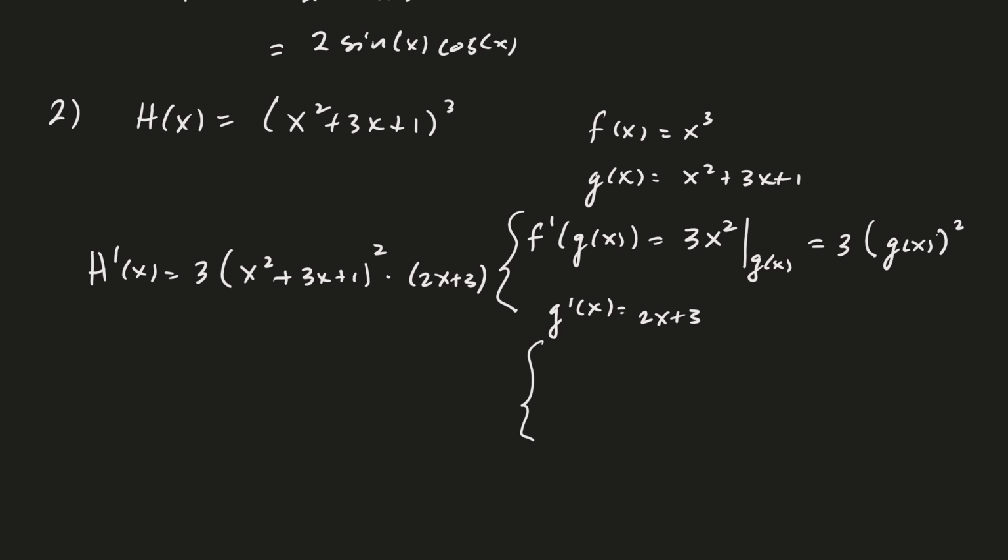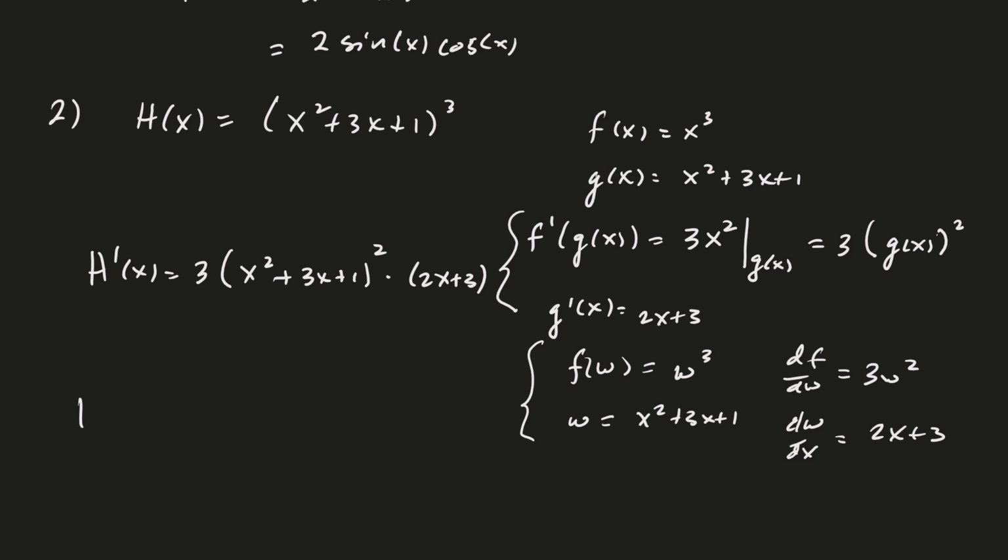Good, so the alternative way is just to think of f in terms of w. Let me see if I can write more clearly. And w in this case was x squared plus 3x plus 1. Therefore df over dw is 3w squared, and dw over dx is 2x plus 3.